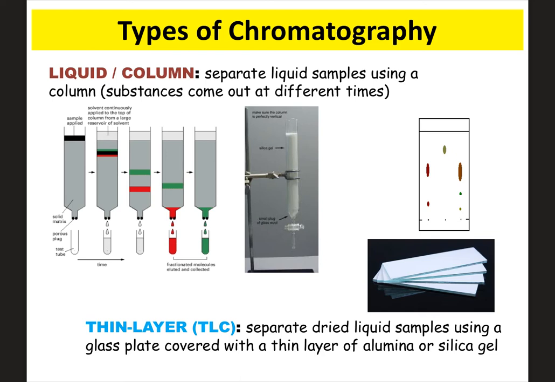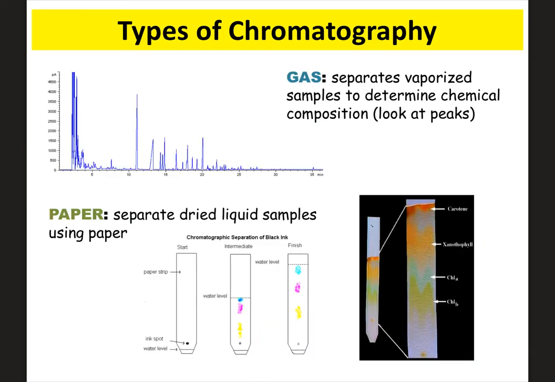So usually it's a glass plate that has this thin layer of alumina or silica gel. So you plate your samples on there, let them dry, and they will move through the plate differently. There's also gas chromatography, which would basically analyze these gas samples with a computer, and you can look at a graph to determine the different substances.